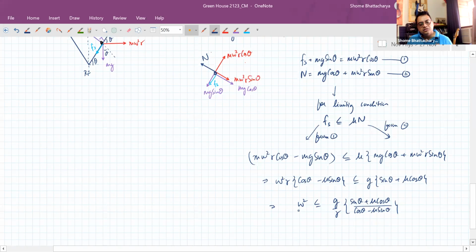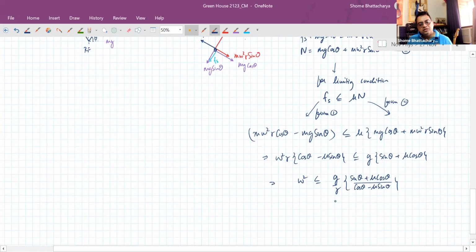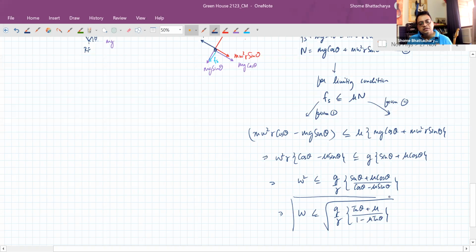So omega in general should be less than or equal to the square root of g by r times this expression. Now I can divide the numerator and denominator by cos theta to express it in terms of tan theta. That will just make it more convenient to solve. So omega is less than or equal to this, for the no slipping condition.